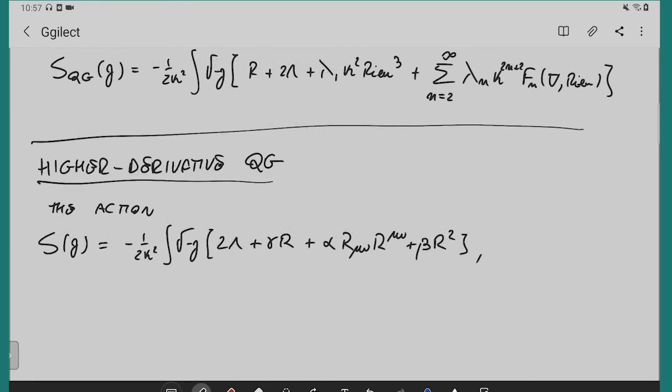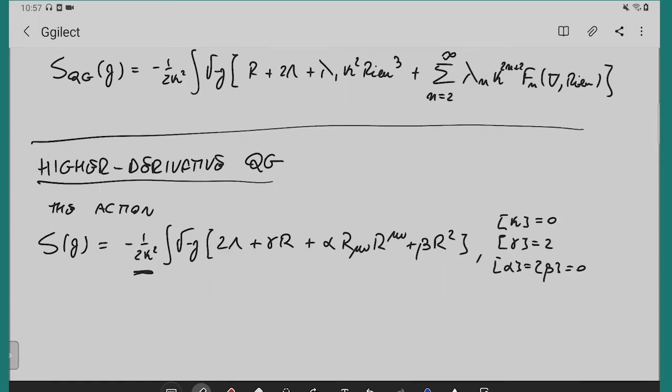Now I change a little bit the convention for the parameters. So now kappa is dimensionless, gamma has dimension 2, and alpha and beta have dimension 0. This is a bit redundant to include all of alpha, beta, gamma, and kappa, but I do that just by convention, so I always write it like this, because then kappa being in front of everything will count the loop order, the number of loops.